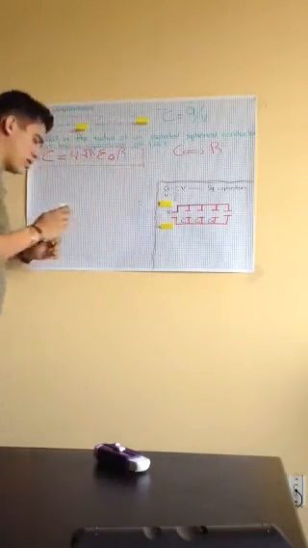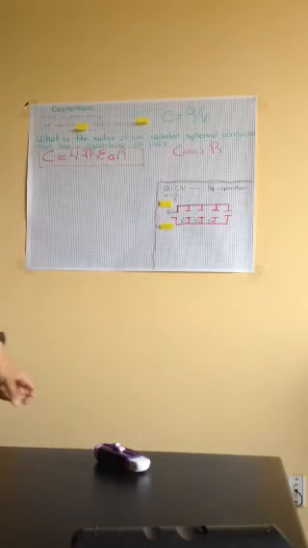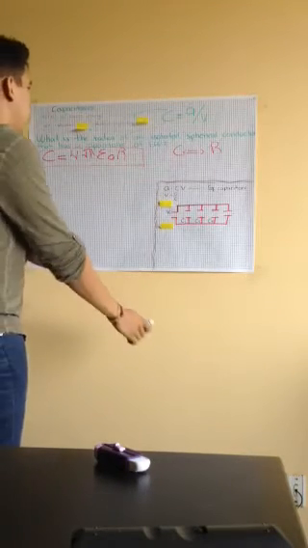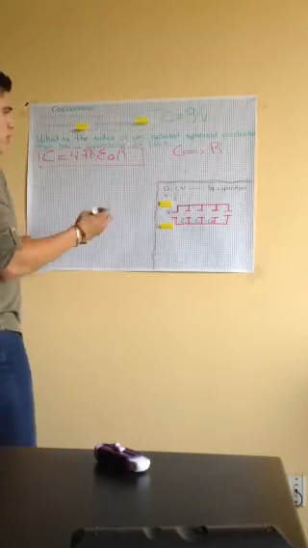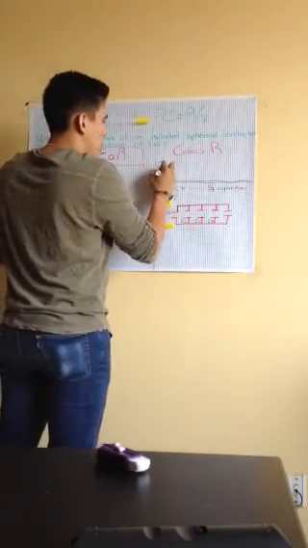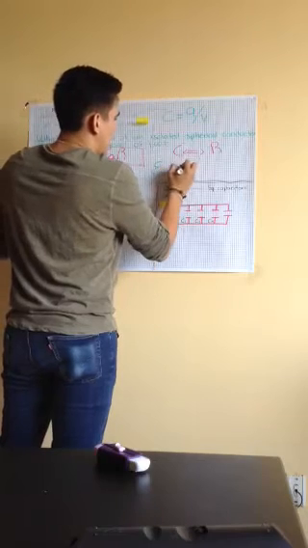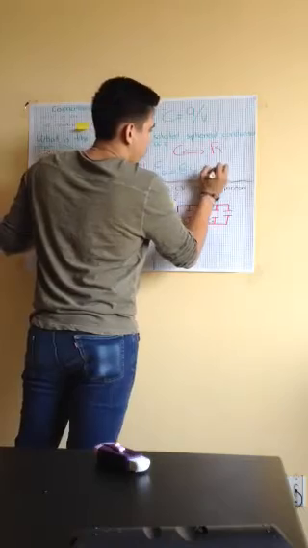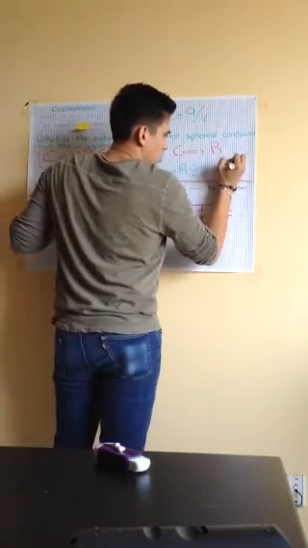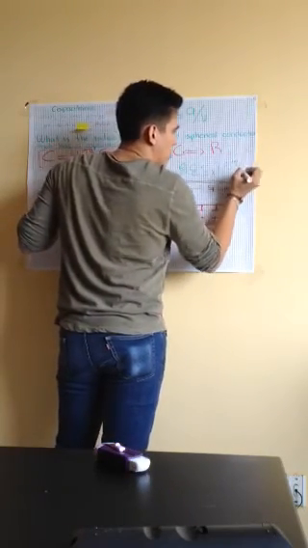I'm sorry if the markers are not working correctly. Another point that we can deduce for this problem is that epsilon 0 equals 8.85 times 10 to the minus 12.